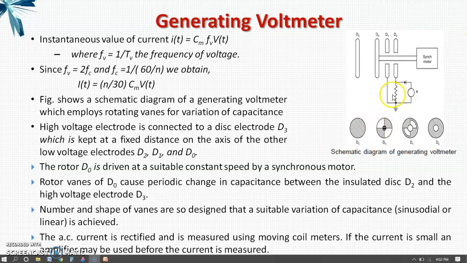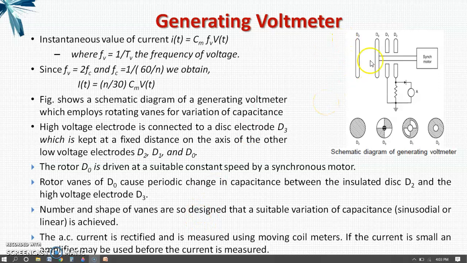Finally, a resistor is connected. The generated AC current through the resistance R is rectified and measured with the help of a moving coil instrument. The high voltage electrode is connected to this disc electrode, which is fixed at a distance from D0, D1 and D2, and the D0 electrode is driven at a constant speed by a synchronous motor.